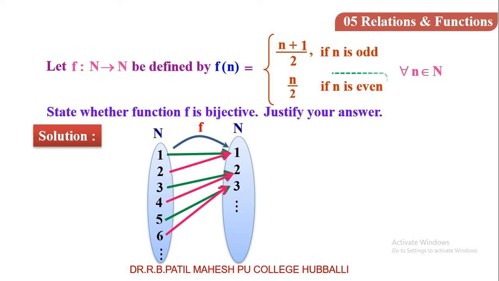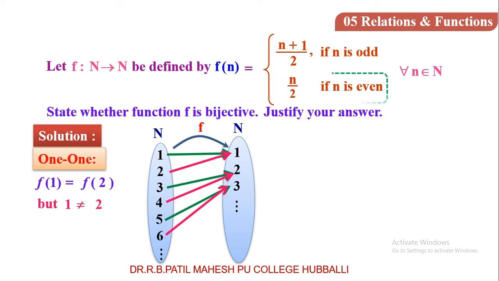From this clearly the function is one-one function, because different elements in the domain have different images. So no elements have the same image. Hence the function is one-one. Let me see that. F of 1 is equal to f of 2, but 1 is not equal to 2.